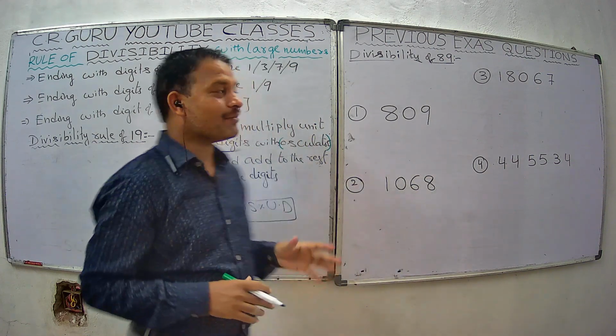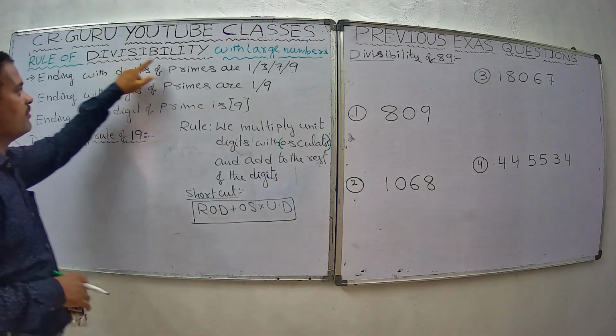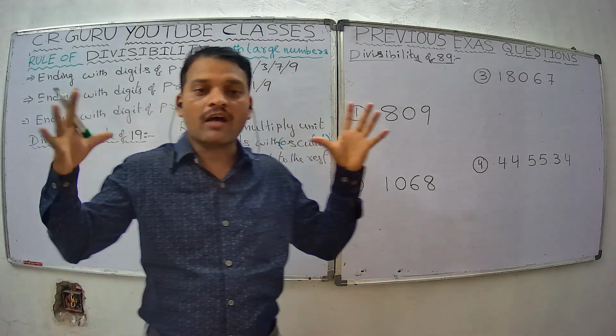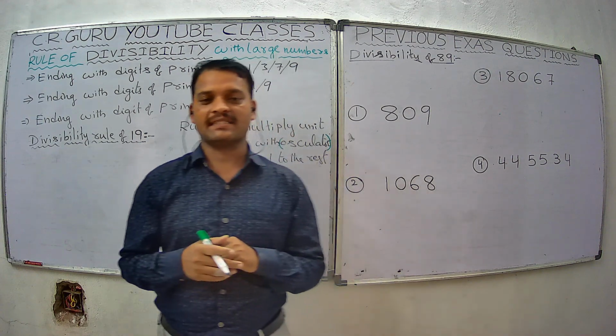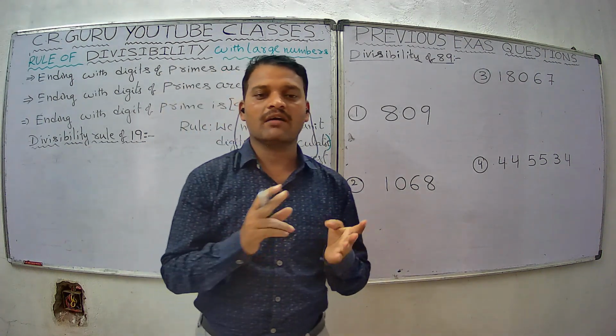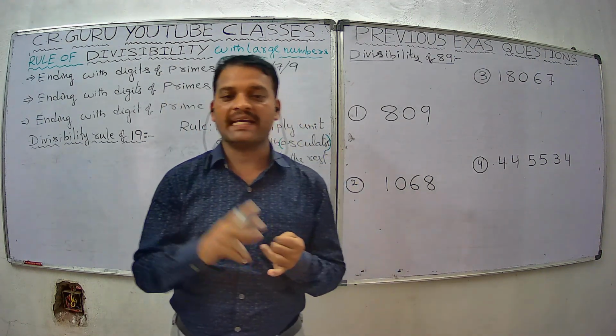Today my topic is the rule of divisibility with large numbers. You know very well that in the schooling stage you learn the divisibility rules of 2, 3, 4, 5 up to 11.